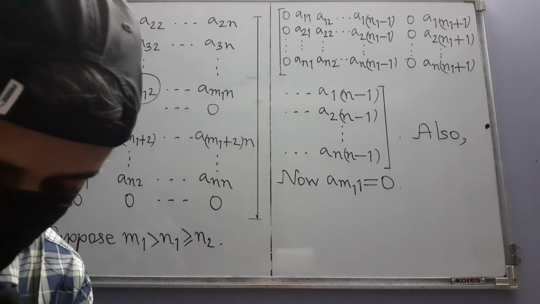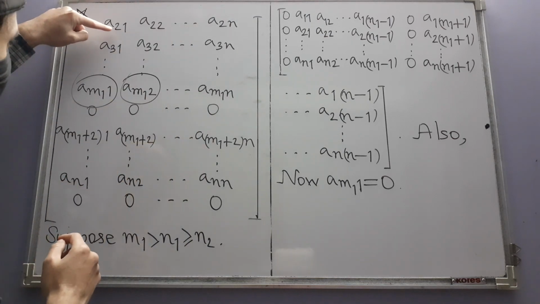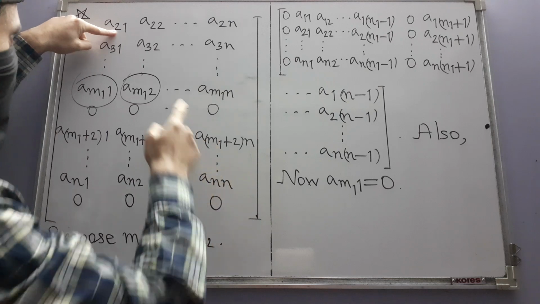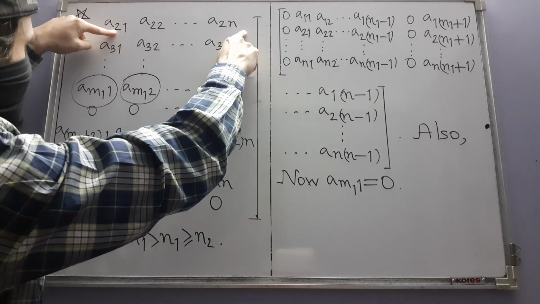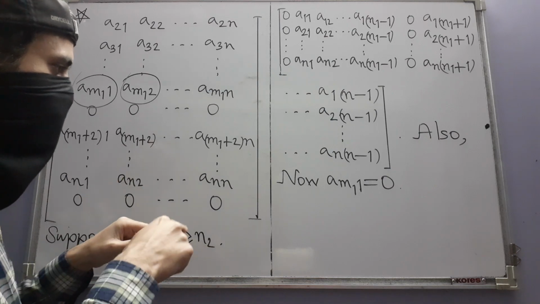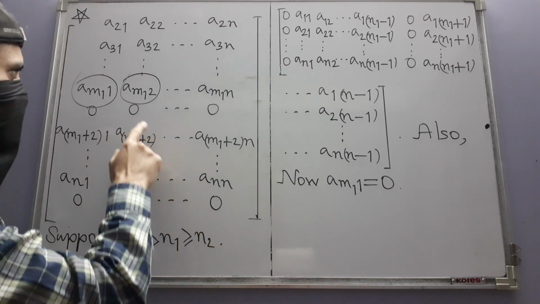Let's first see in which row this element is lying. When you have 2 here, you have to subtract 1 to get the row number because this is the first row. By that rule, this row is m1 minus 1 row. Right? You have to subtract 1.